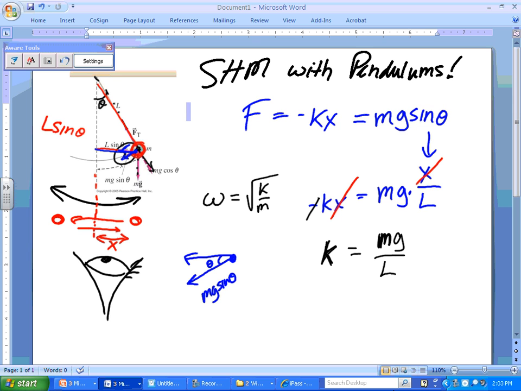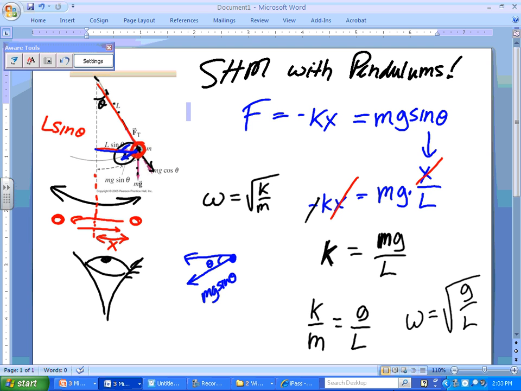So if I divide both sides by m, I get k divided by m is equal to g divided by L. So then if I take the square root of both sides, I should get omega. So I could also say that omega is equal to the square root of g over L.